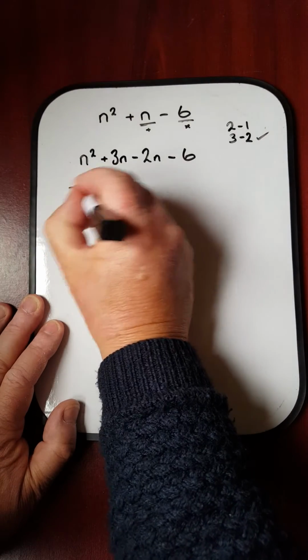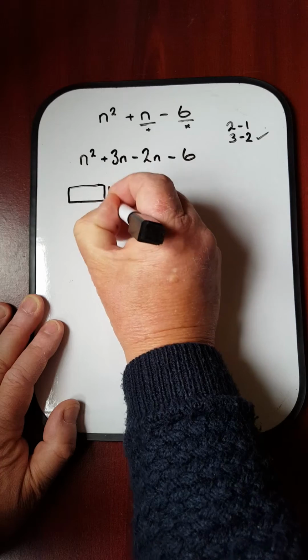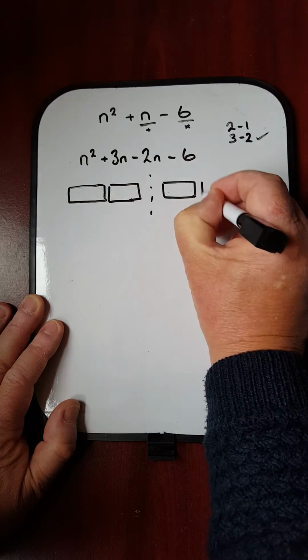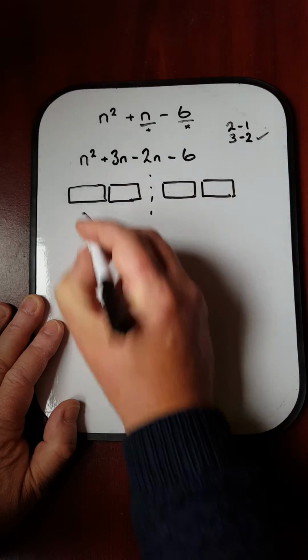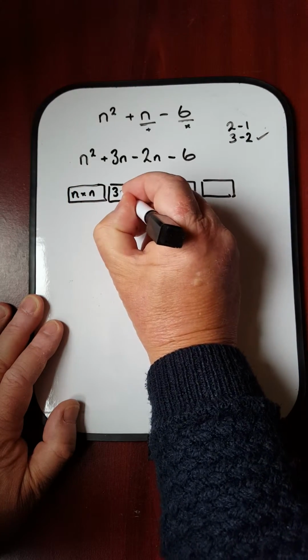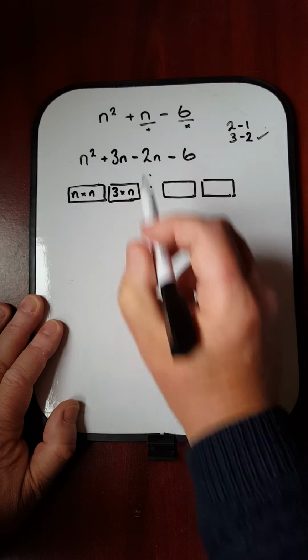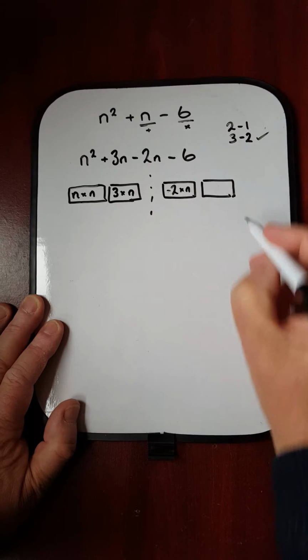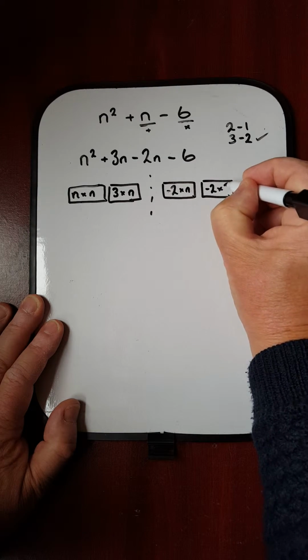Okay, we're now going to put that into our 4 boxes with a little gap down the middle so that we don't confuse them. n squared is n times n. 3n is 3 times n. Minus 2n is minus 2 times n. And minus 6 is minus 2 times 3.